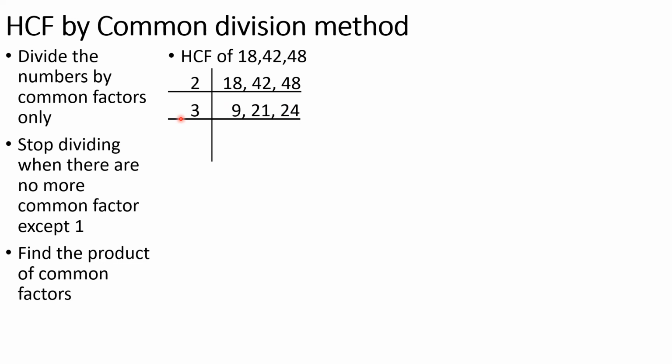So we will write 3 here and we will divide all these three numbers by 3. But can you find out any common factor of 3, 7, 8? No, because 3 and 7 are prime numbers and there is no common factor for all these three numbers. That's why we will stop dividing here and we will multiply our common factors. 2 multiplied by 3, it means your HCF equals 6.